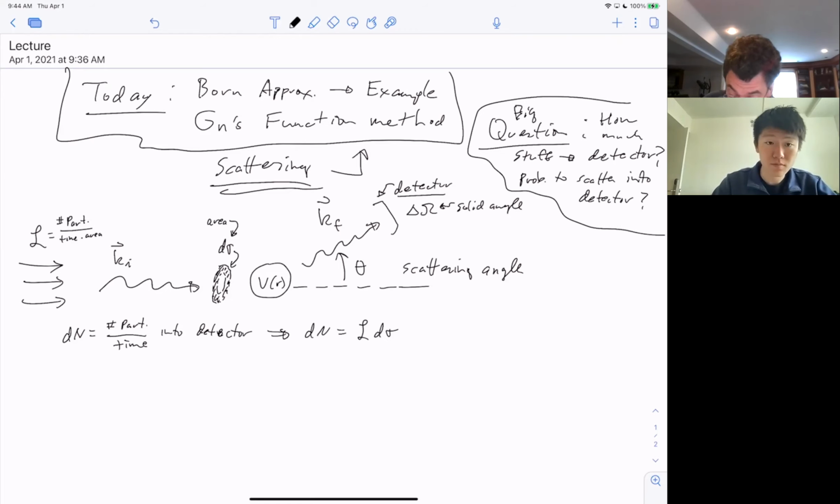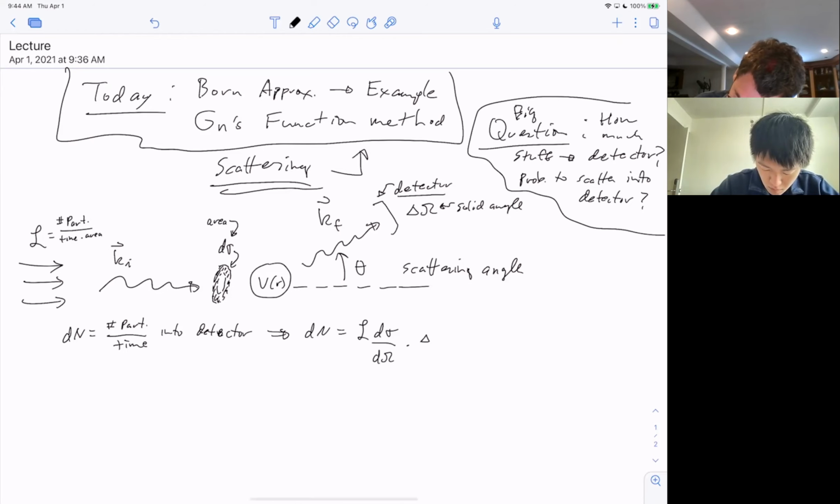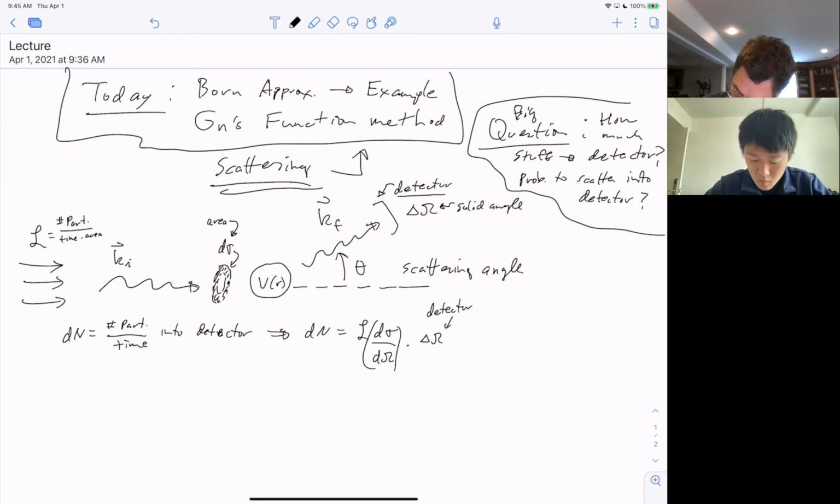Now, d sigma is not a very intuitive quantity, but what we can do is divide by d omega and multiply by delta omega, which is the detector solid angle. And so now you see this is the number of particles per time into the detector.